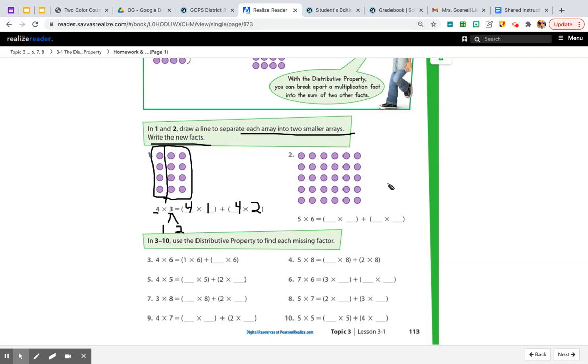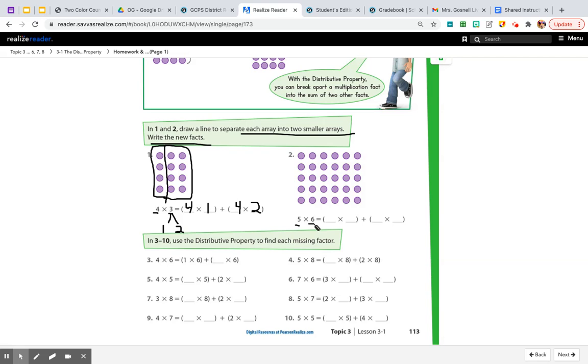Let's move over and do number 2. So I have a 5 as a factor and a 6 as a factor. Which one would you decide to split up and break down and decompose? I know what I would do.